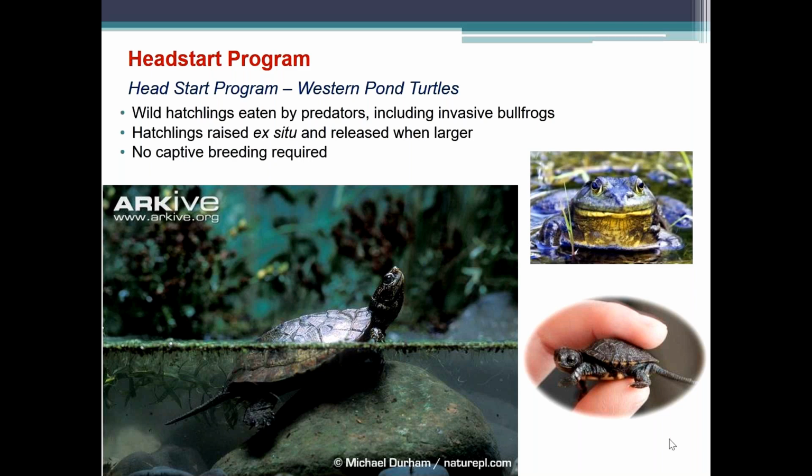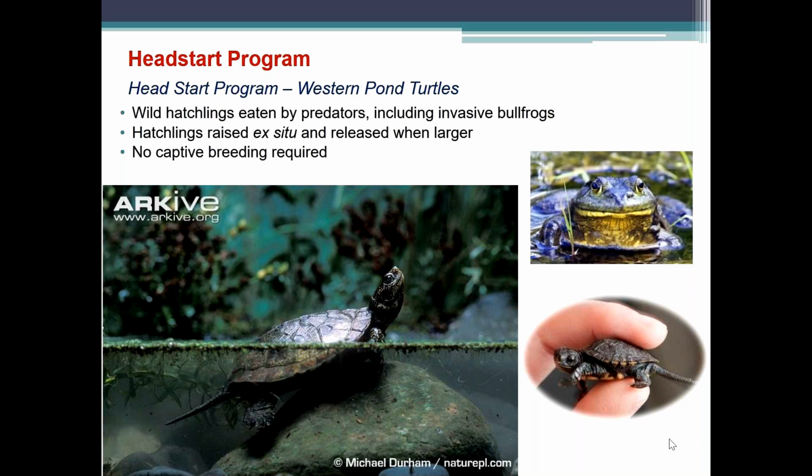So we have an invasive species, bullfrogs, that eat small turtles and are causing poor recruitment. By bringing those young turtles into captivity, raising them to a larger age, and then putting them back out into the wild, we're able to mitigate or prevent the effects of the high mortality by this invasive species on these juveniles.